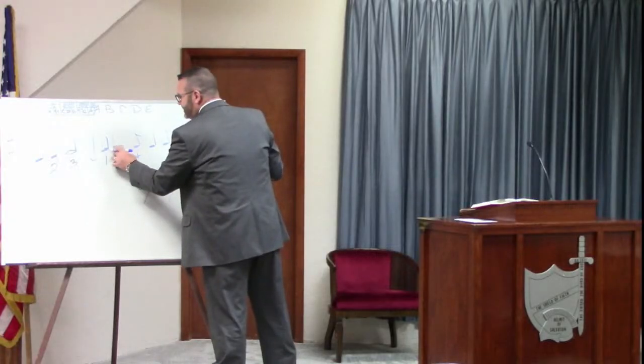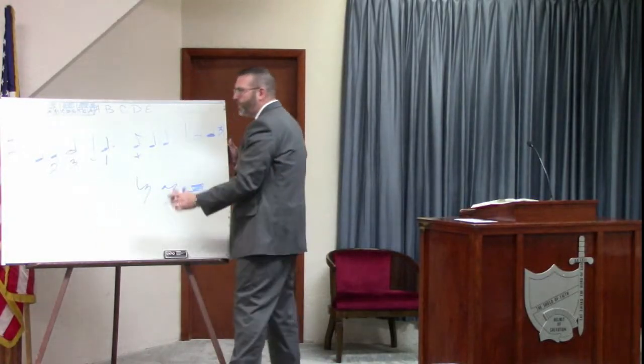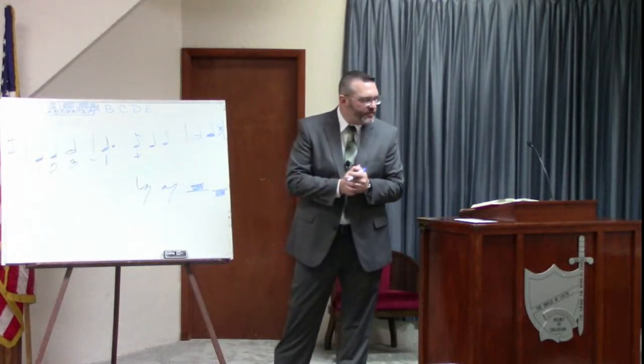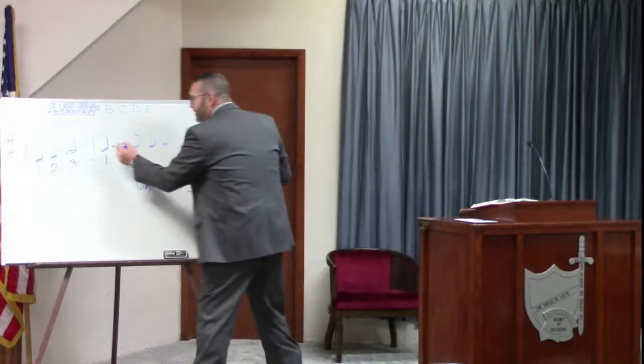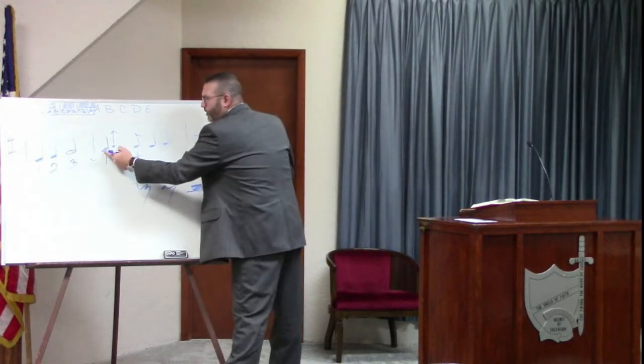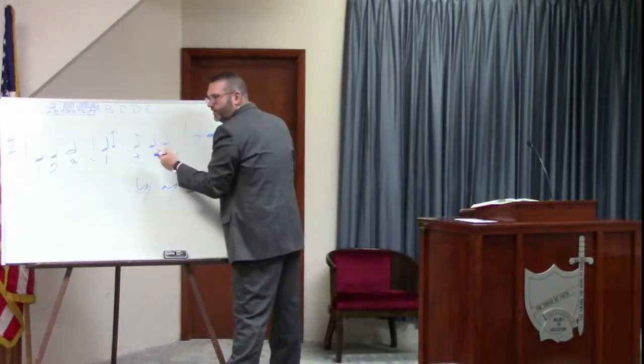So let's look at this. Let me show you a different way to look at it. Now remember, the dot is half of whatever it's attached to. So if this is 1, what kind of note is half of that?